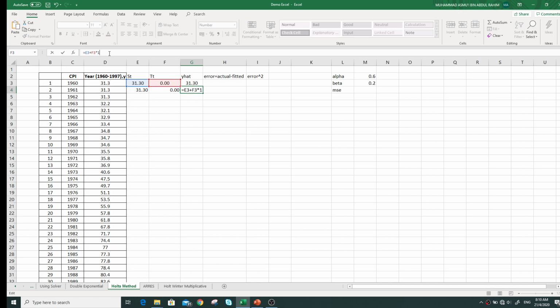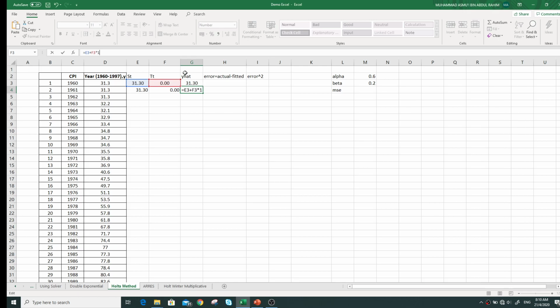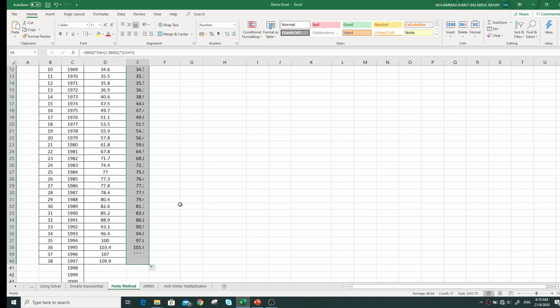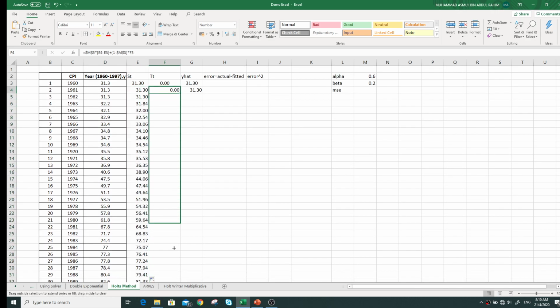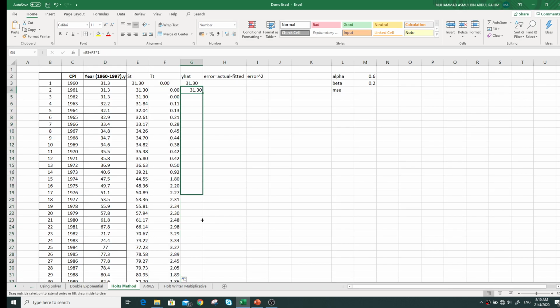We use this particular formula: Y hat 2 equals S1 plus T1 times 1. That's how we estimate the Y hat. Now you enter, and then you just drag, and drag again.